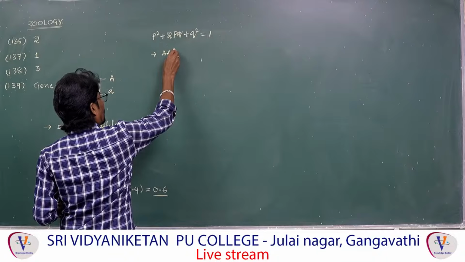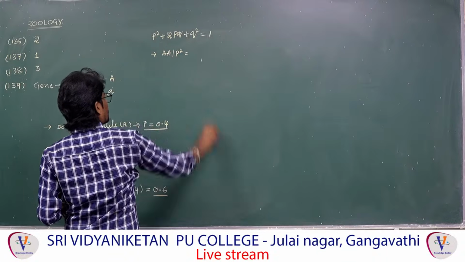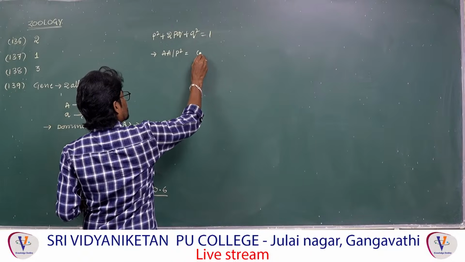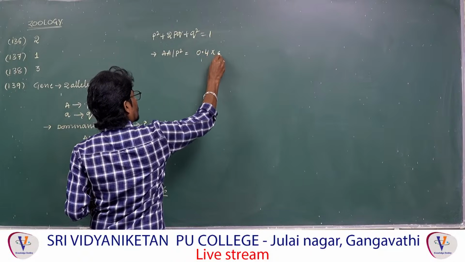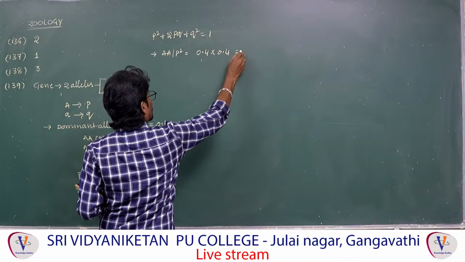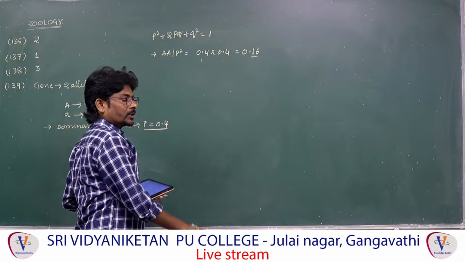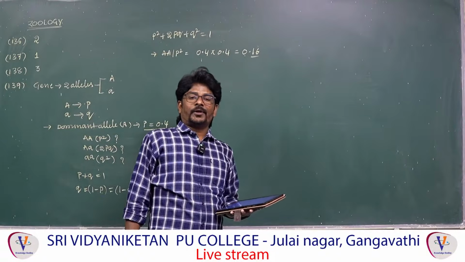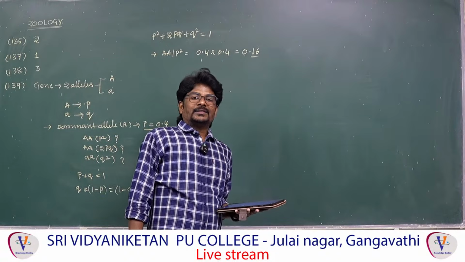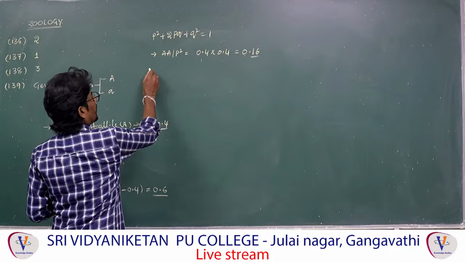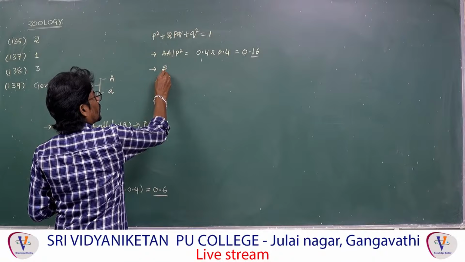We already know the P value, 0.4. So 0.4 into 0.4 is 0.16. So the frequency of the dominant genotype is 0.16.